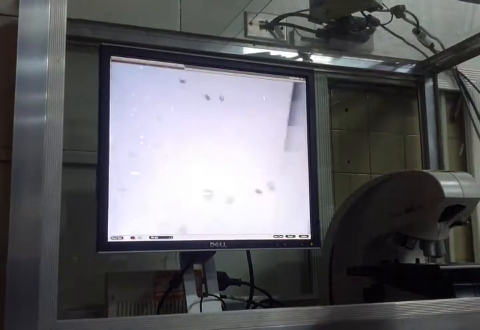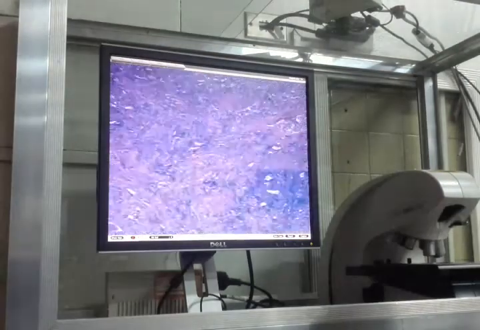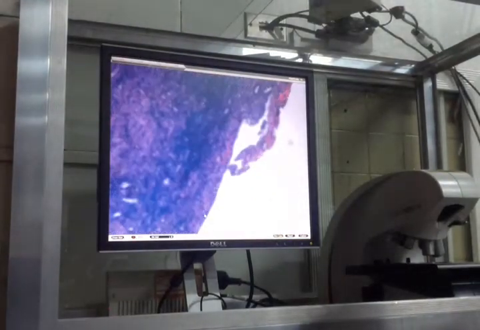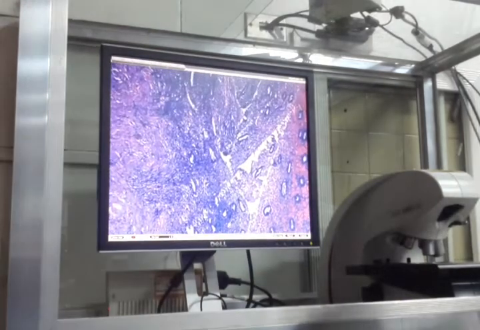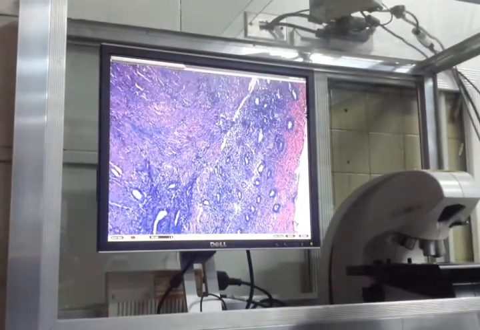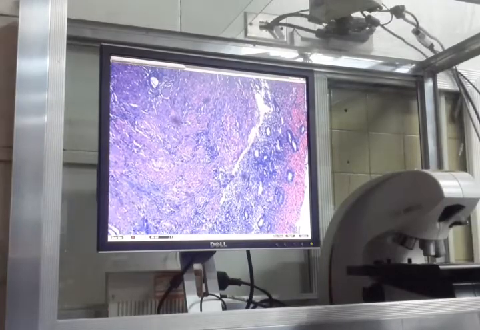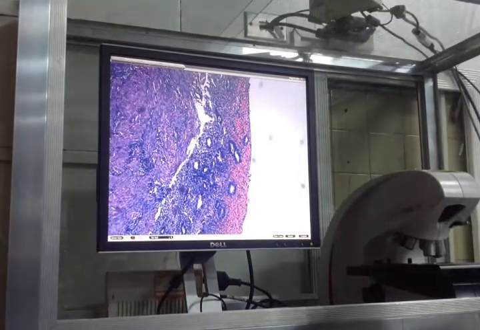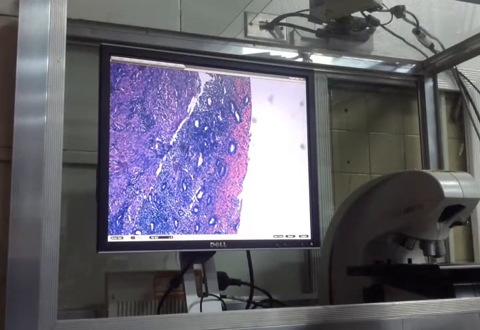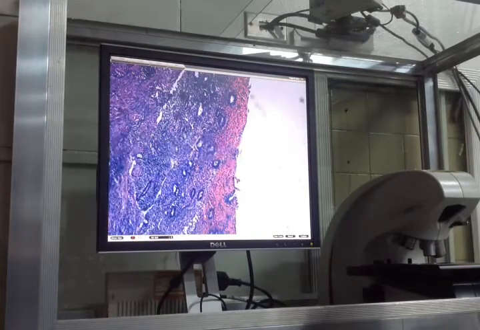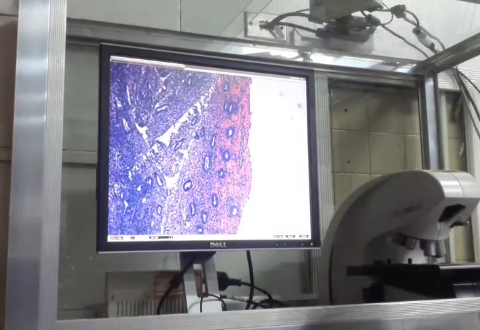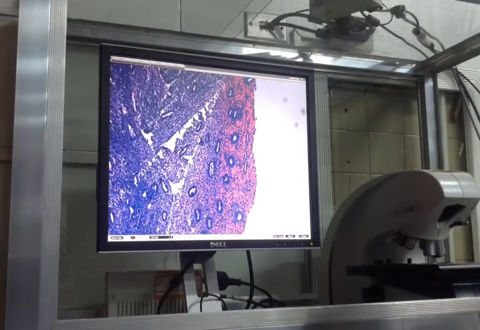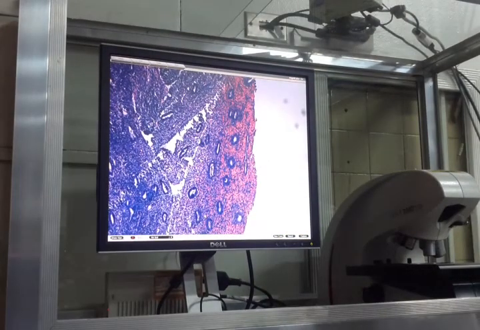Well, endometrium. According to your laboratory guide, this is the normal proliferative endometrium. Okay? You don't see the Swiss cheese appearance.